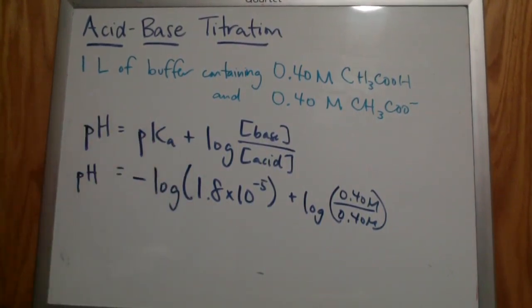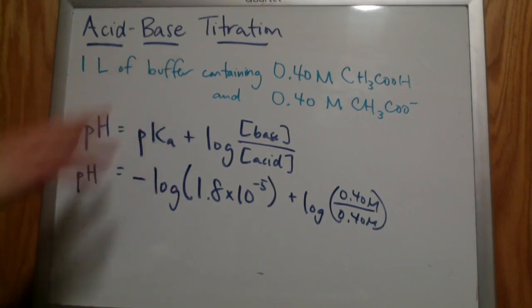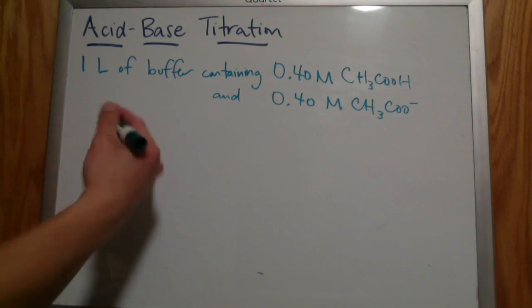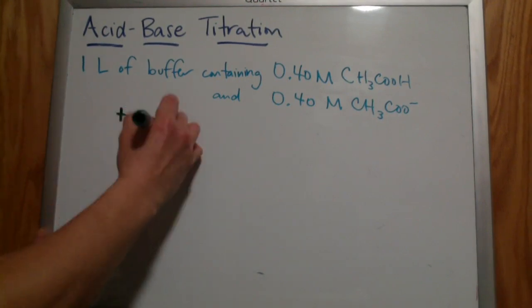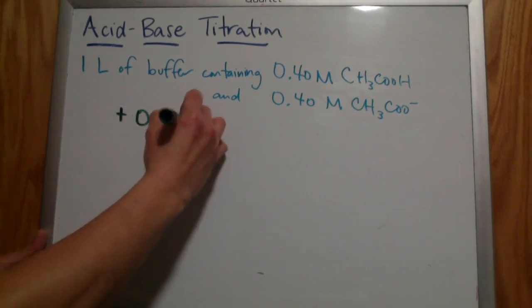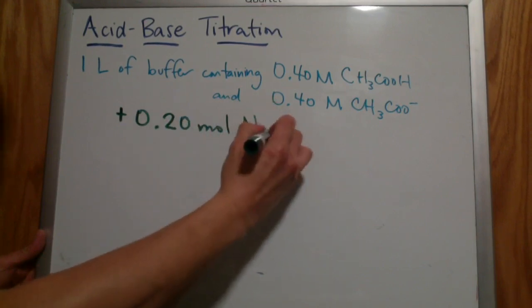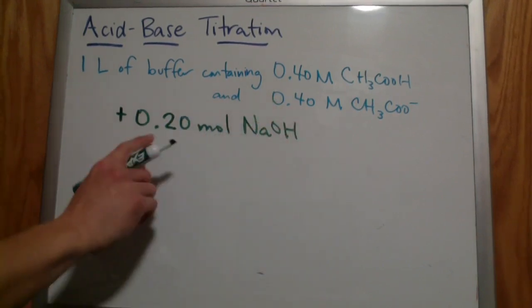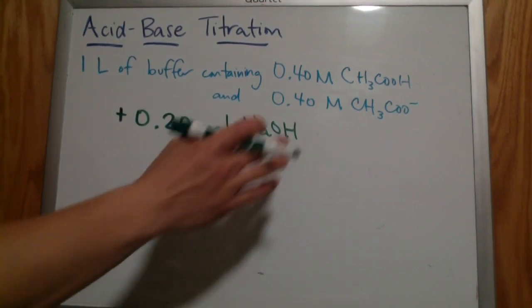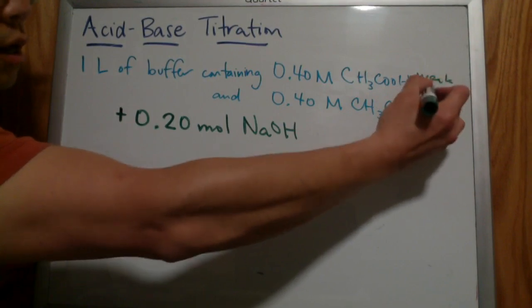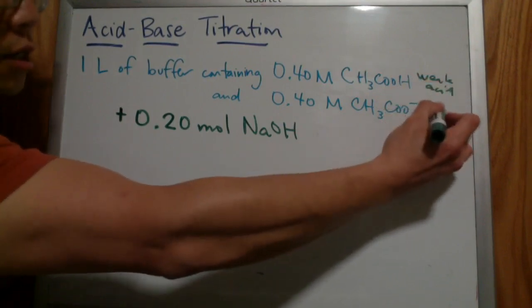Now, the other question that we saw last week was, what if we had a buffer, and what if we added something like an acid or base to it? Let's go ahead and say we're going to add a base to it. Now, if we add sodium hydroxide to it, we have a buffer, and this is the weak acid, and this is the conjugate base.